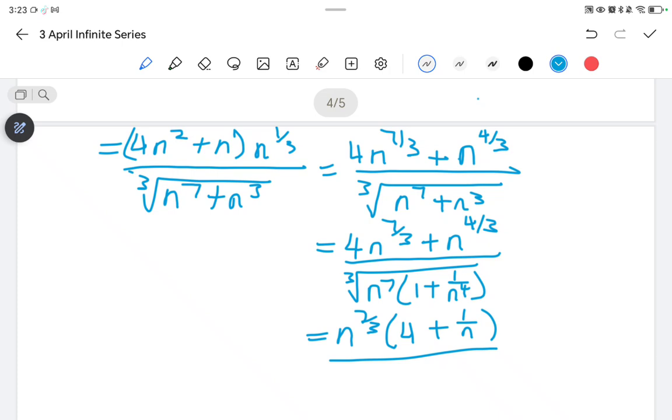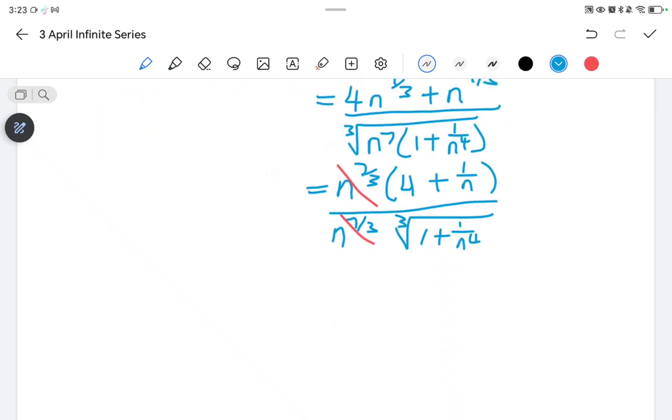Now if I have to take this out, it will go out as cubic root of n to the 7, which is n to the 7 over 3. You see, right? So I'll have n to the 7 over 3. Then this will be cubic root of 1 plus 1 over n to the 4. Then this cancels out. You see, right?